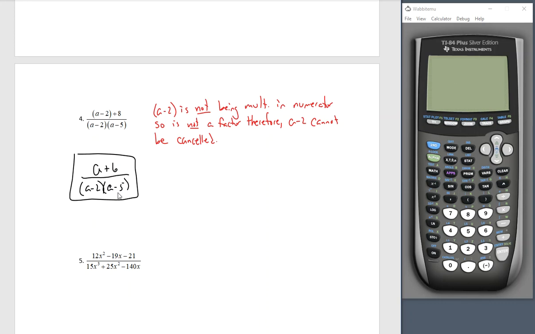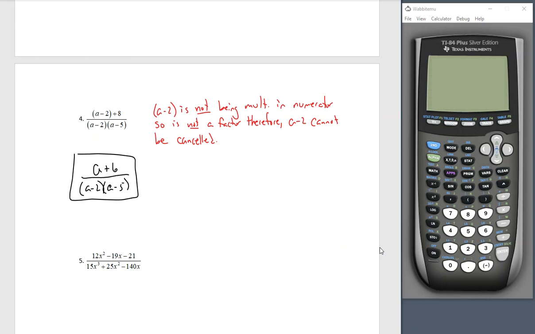If you could leave the answer in factored form and it's completely acceptable, why am I going to take the risk of multiplying incorrectly or writing something harder in my online homework system? So I'm just going to leave it factored like that. I'm going to simplify and we're done. All right, so be careful. You could only cancel if it's being multiplied. So that a minus 2 does not cancel in this problem.